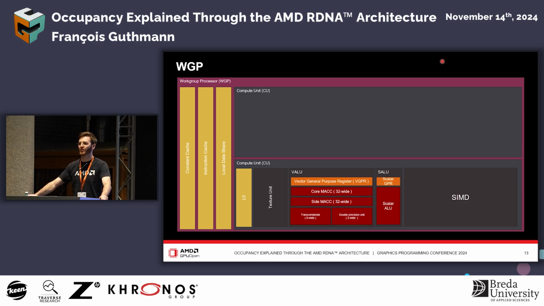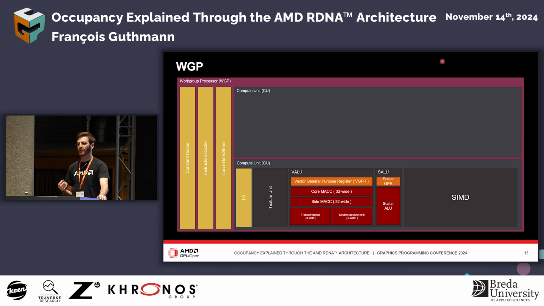If there are a few things that I want you to remember from this short introduction to the hardware, it is that it is very wide. We've seen that the SIMD that sits at the bottom, there are 2 of them per compute unit, 2 compute units per WGP, 4 WGPs per SA, 2 SAs per SE, and up to 6 SEs per GPU. So that is very wide. It is also very deep.